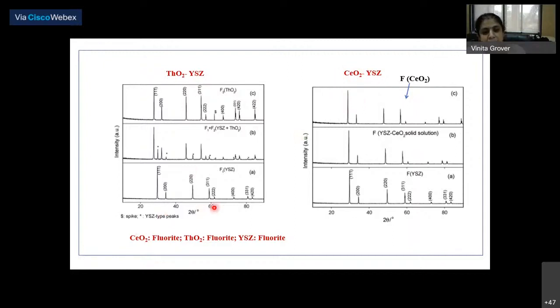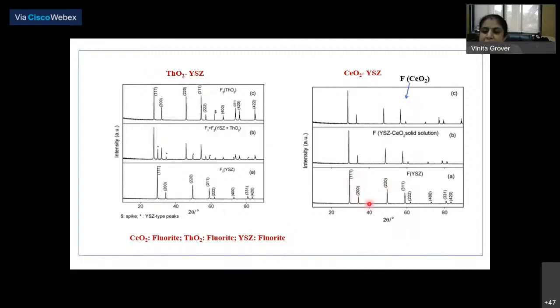Here I have only shown the XRD patterns of the end members, ceria, YSZ, thoria, YSZ, and just one solid solution, 50-50 between them. I'll show you how we study the XRD pattern.